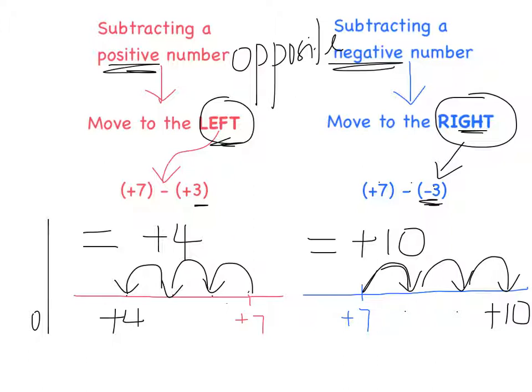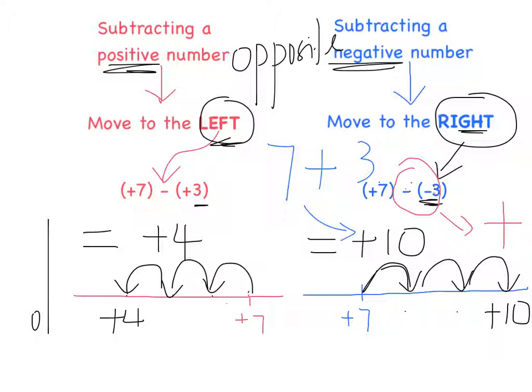Other than positive 7 minus negative 3, we have 7 plus 3, which is also 10. Therefore it means when we have minus negative, it becomes plus.